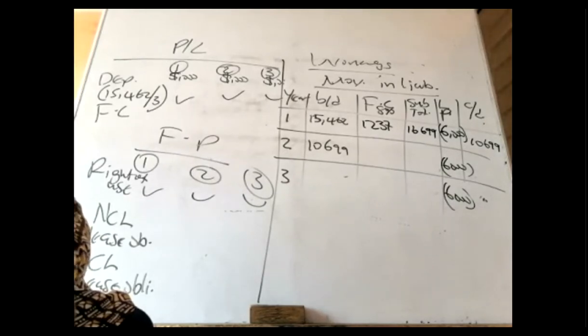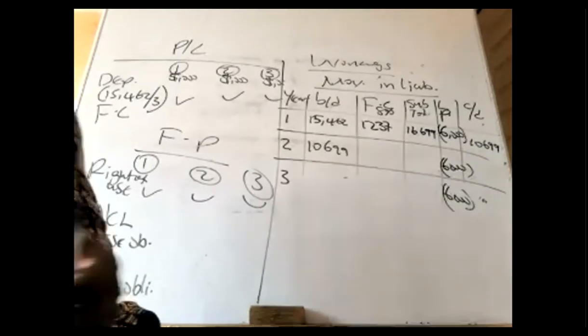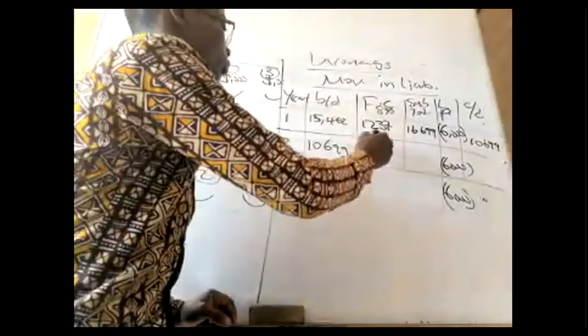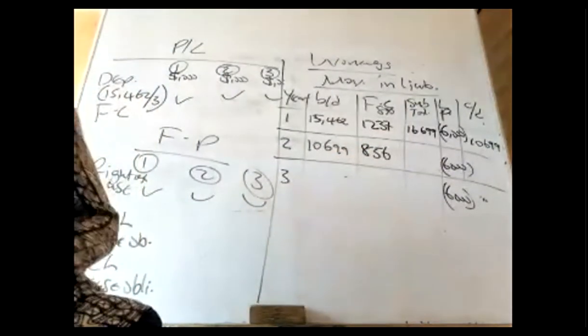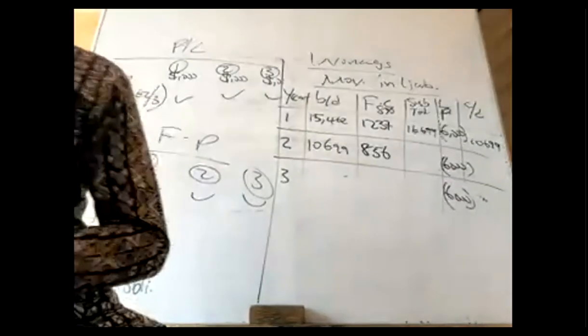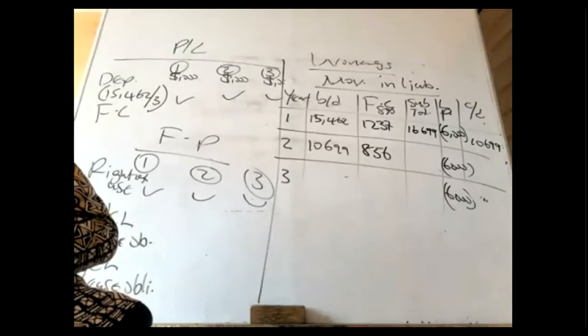So I get something like 856. 856, right? Okay, so it's 856. You add it back.